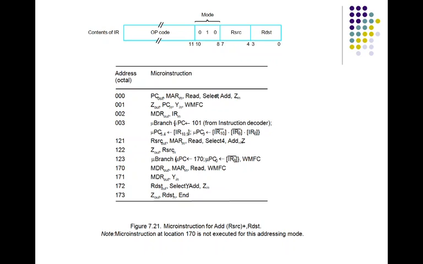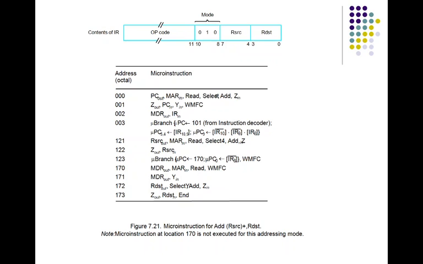The destination operand is in the register specified by bits 3 to 0. Any of the 16 general purpose registers may be involved in determining the source and destination operand locations.